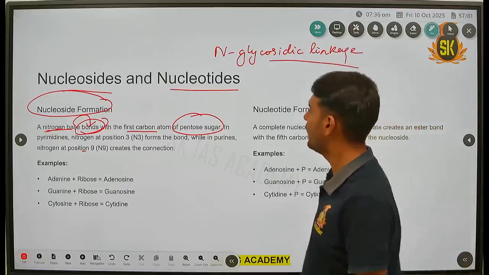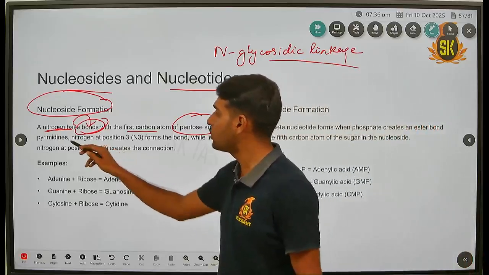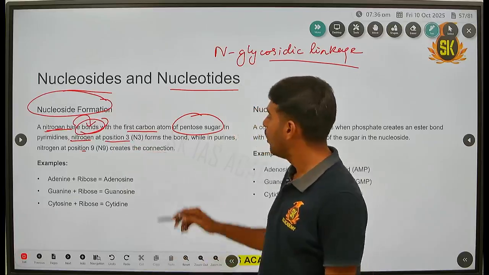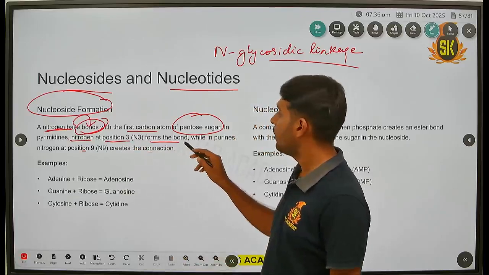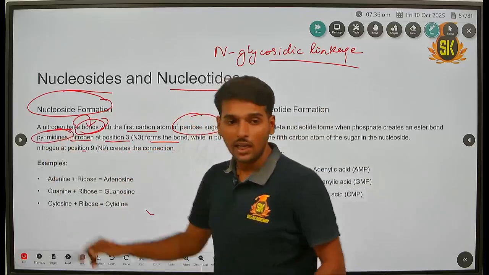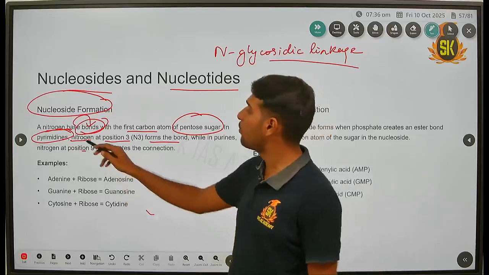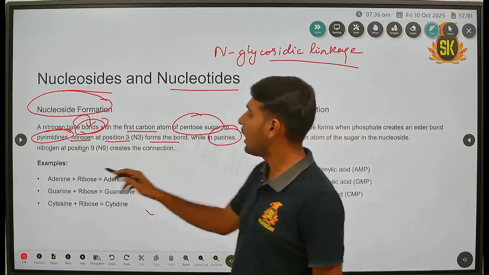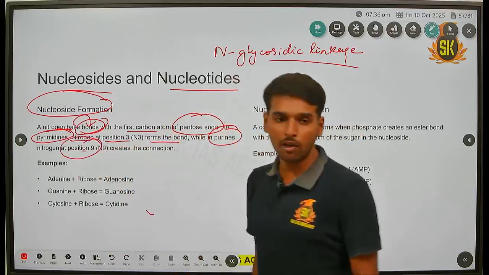N-glycosidic linkage. In pyrimidines, nitrogen at position 3 will form the bond. In purines, nitrogen at position 9 will form the bond.